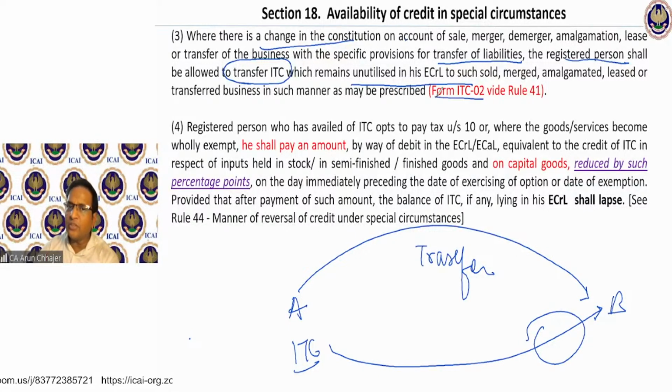How can he transfer? Through certain forms. To whom will it be transferred? To such sold, merged, amalgamated, leased, transferred business in such manner as may be prescribed.